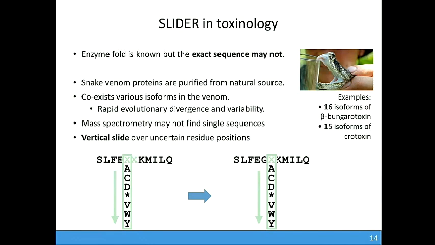We have regions where we know from mass spectrometry or from phylogenetic analysis which the residue should be. For example, if it's a catalytic site or there are disulfide bridges, then we are sure of the sequence. And in regions which we don't know, we perform this horizontal slide and start to assign residues.